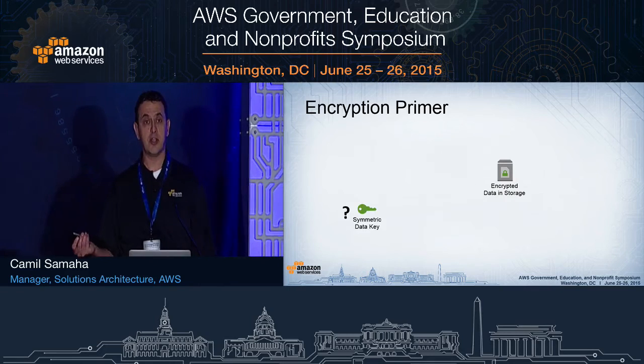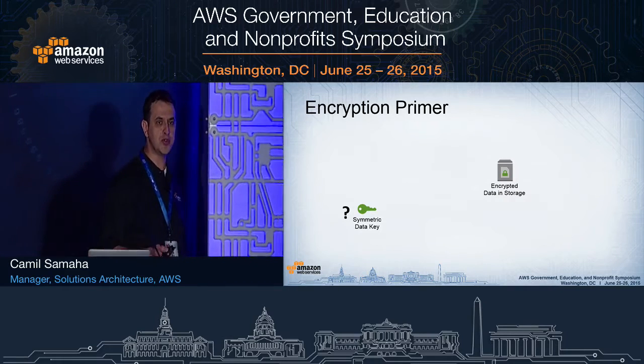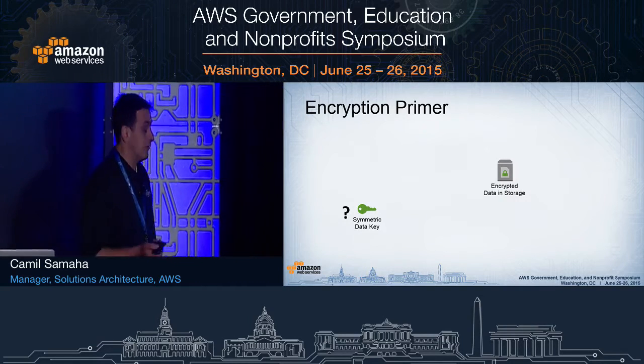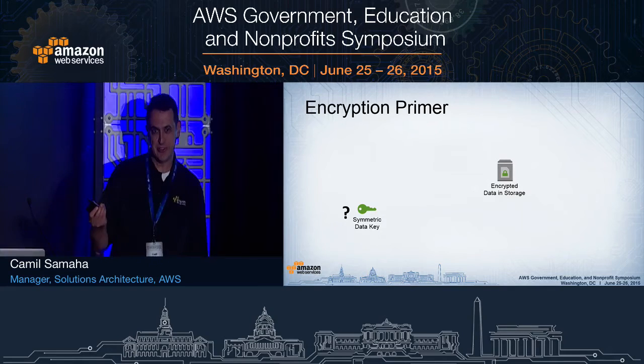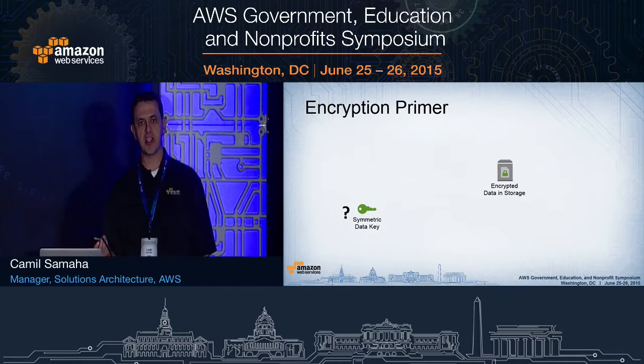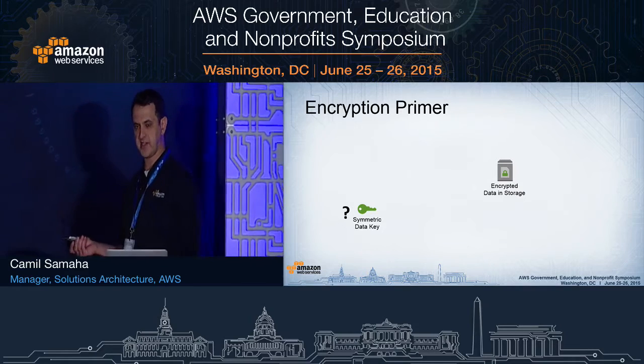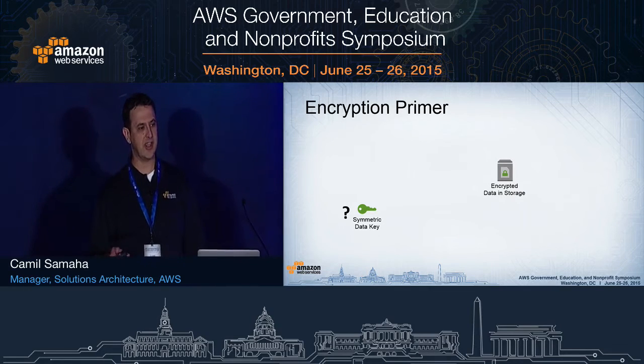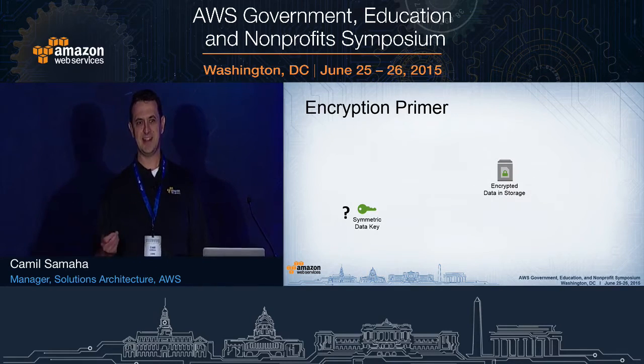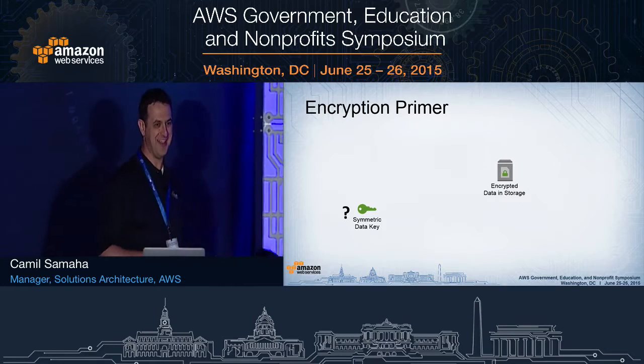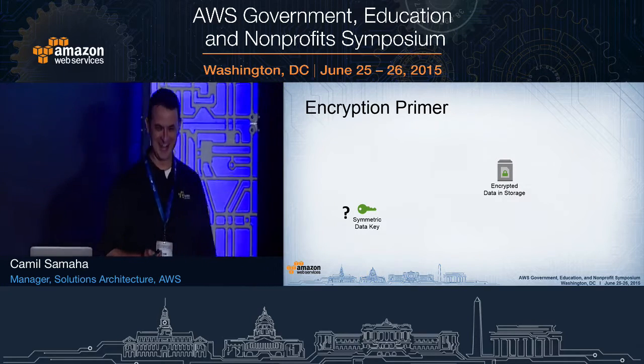But what do you do with that symmetric key that you use to encrypt your data? Do you store it in the same location as your encrypted data itself? That's not a very good idea. We refer to that often as data encryption. So you really want to stay away from that.